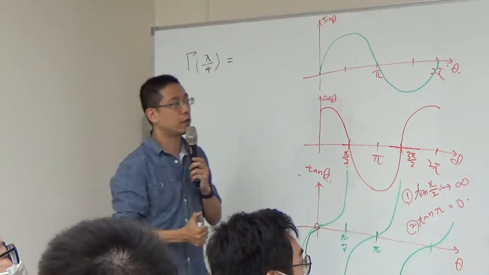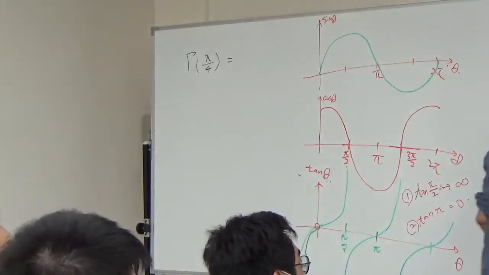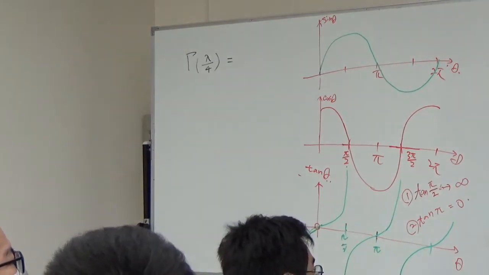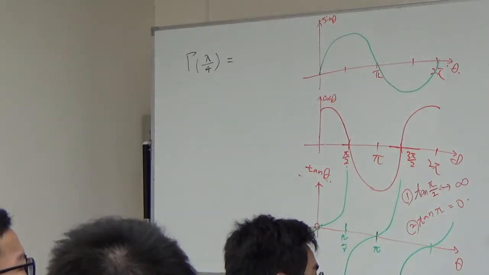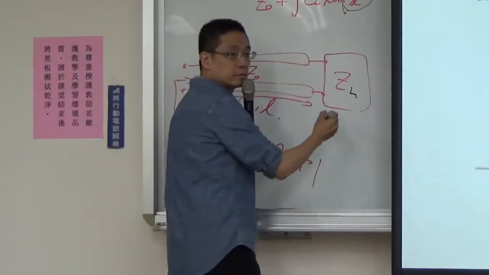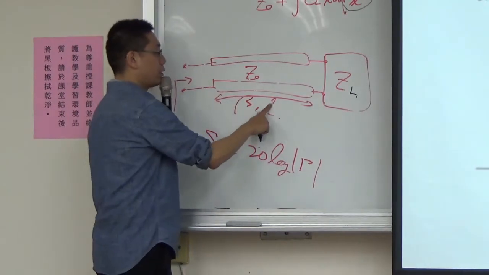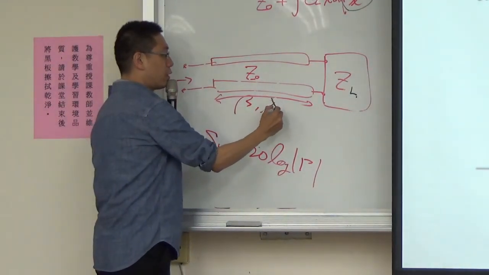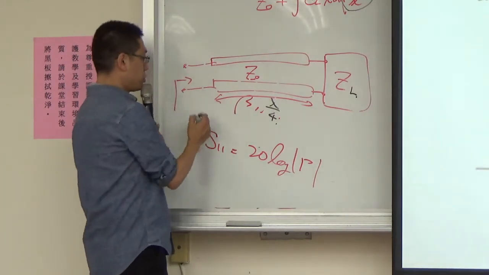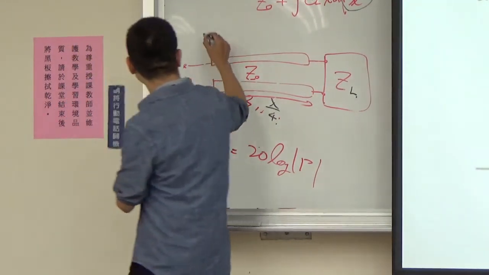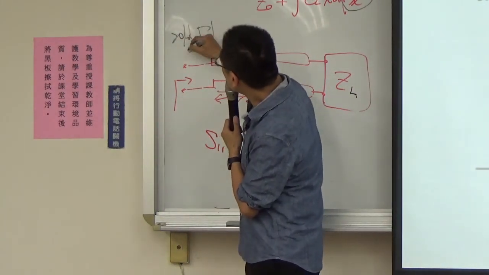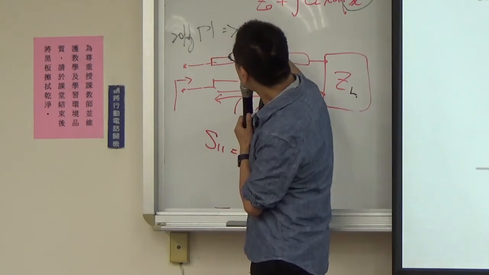If you connect this one and this one, L equals lambda over 4, you measure the S11.